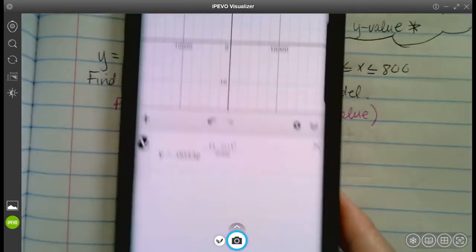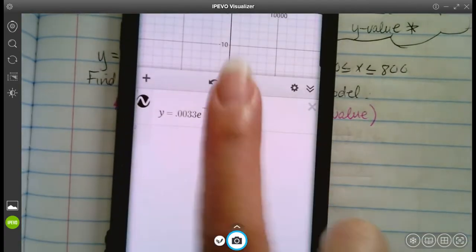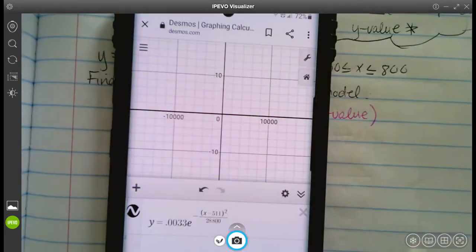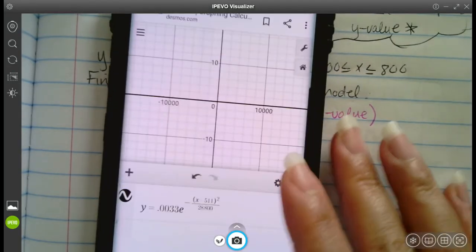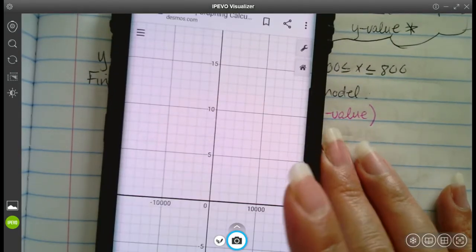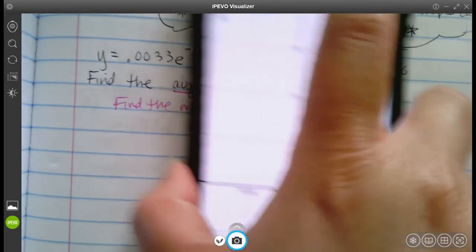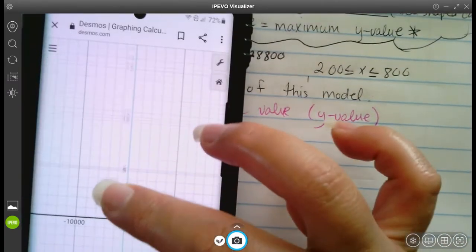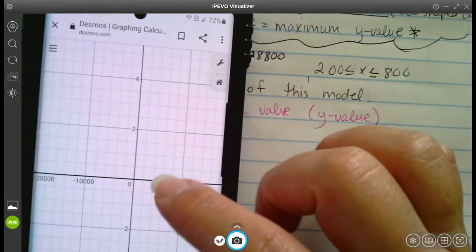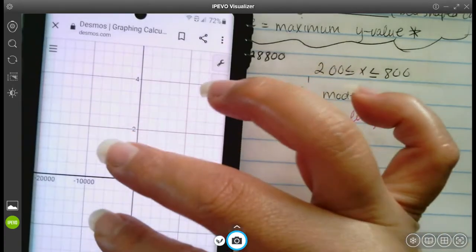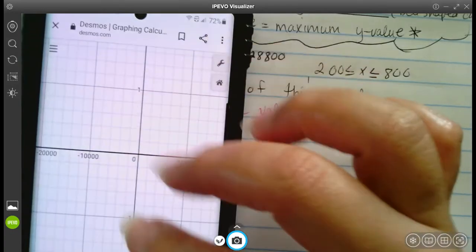All right, so here is my model. You're going to see on the graph that it looks like a line almost. I had to play with this a little bit to get what I wanted. Since it's super tiny decimals, it's probably going to be a very low maximum. So I'm going to stretch out this way.